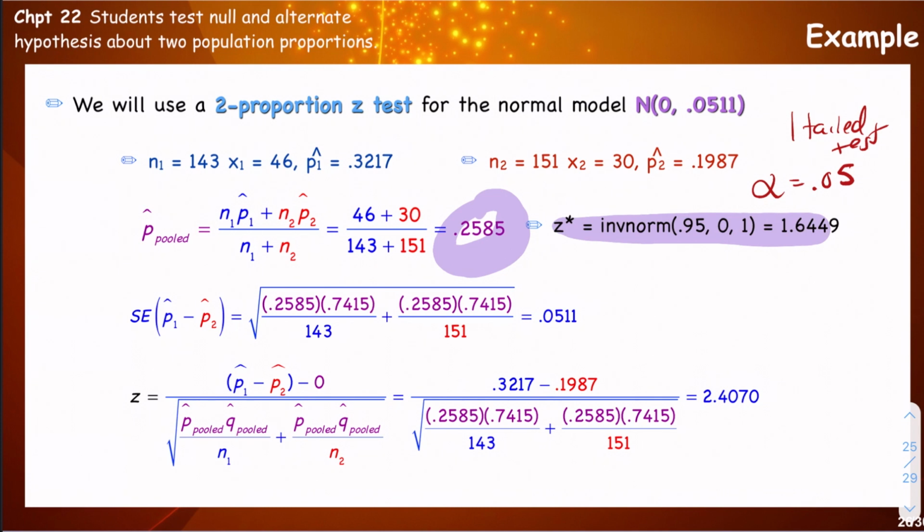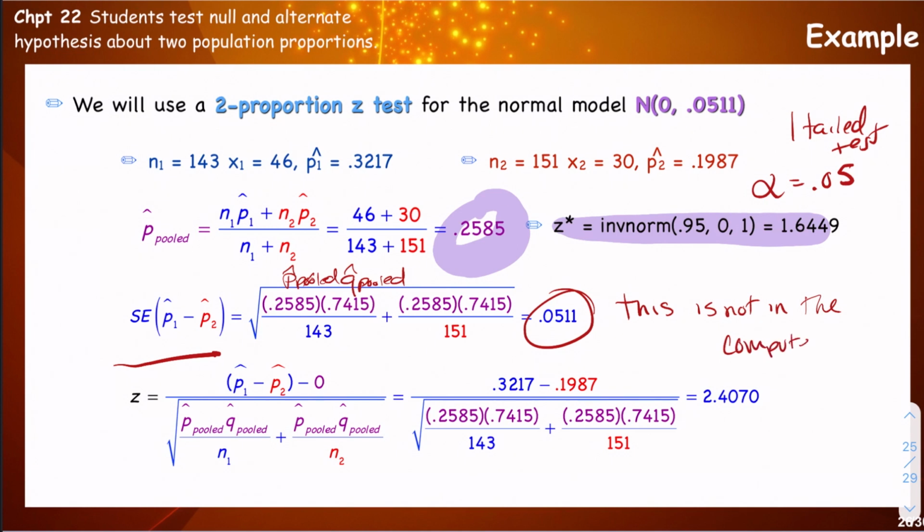Now, we come up with our standard error for the difference, which is using the pooled p hat and q hat pooled for each of these over 143, 151. We get our standard error of 0.0511. Note, this is not in the computer printout, at least not on mine.